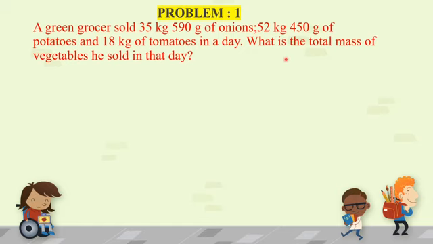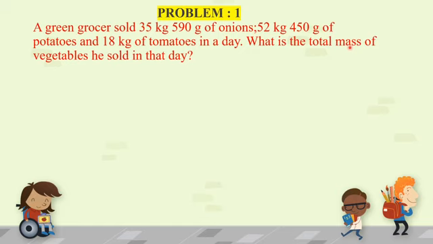Now here, what do you understand? What is the total mass? So the word total is a keyword to understand what the question is asking you to do. Yes, you're right. Addition. The word total is a keyword to understand addition.